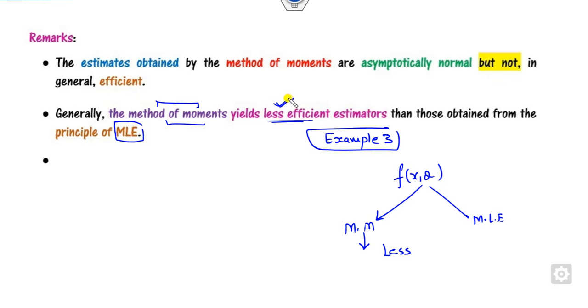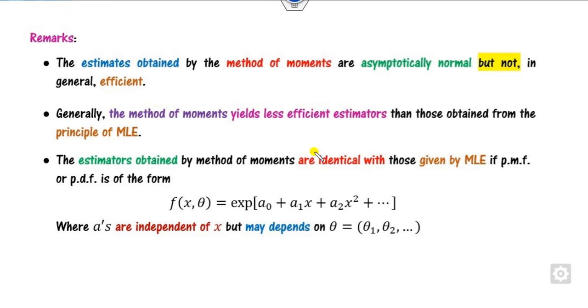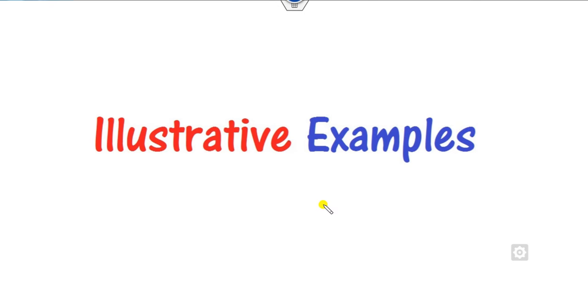It can be identical, the method of moments can be identical to the MLE, when the PDF is represented in the form of exponential of this power series. So we will discuss 8 to 9 examples in this video so that you can easily understand this concept.